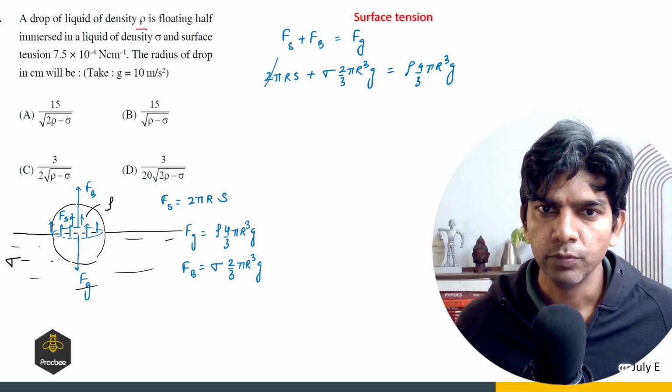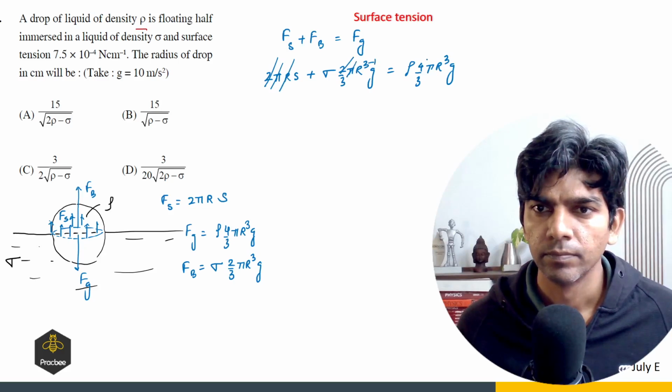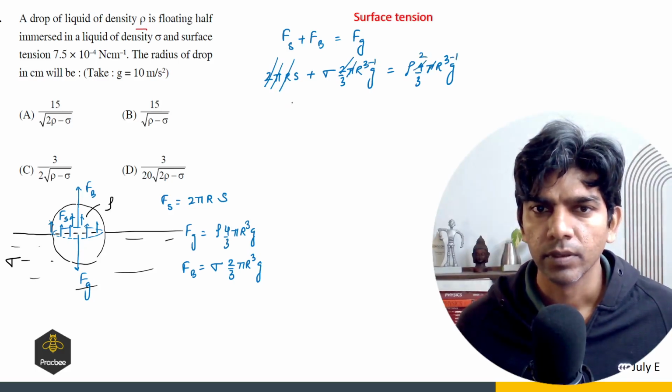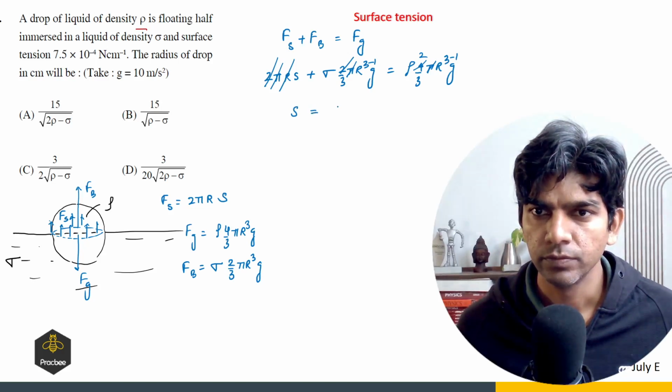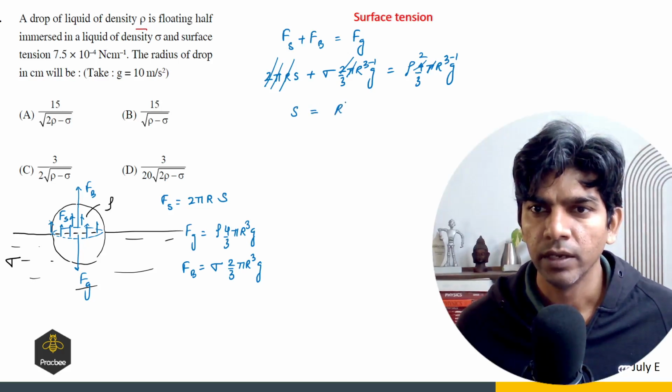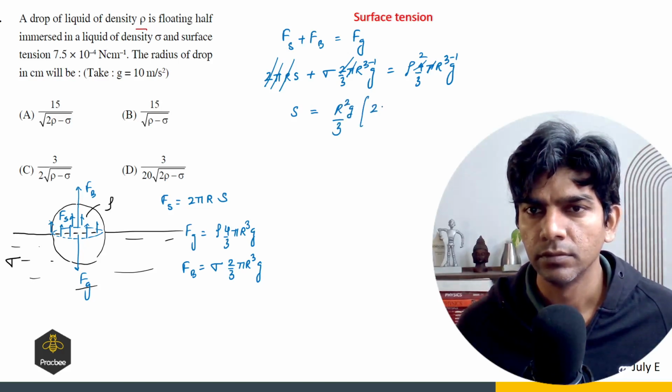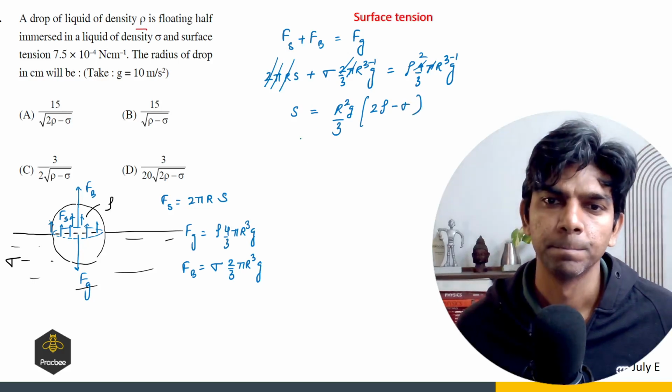So 2 pi r will get cancelled out. Right, so we get S is equal to r square g by 3 times 2 rho minus sigma.